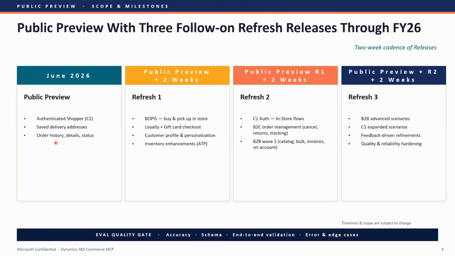And again, we are not stopping there. You heard me say that in the private preview we have on-hand inventory information based on your location. You can find which stores are carrying your products, right? You would now also be able to buy with an agent and place the order for pickup in store.